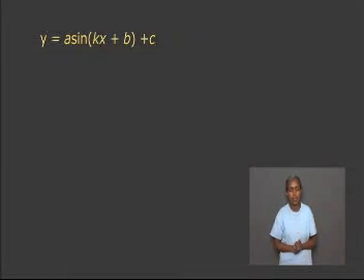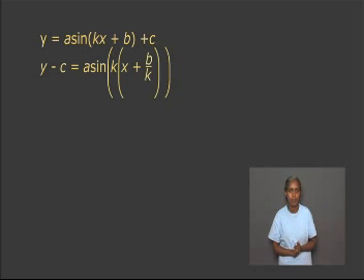Next, we will look at the effect of constants b and c in the graph of functions. Consider y equals a times sine of kx plus b in brackets plus c. We can express this function as y minus c equals a sine of k times x plus b over k.